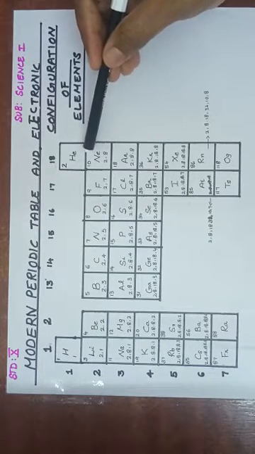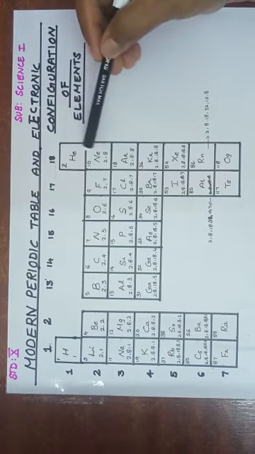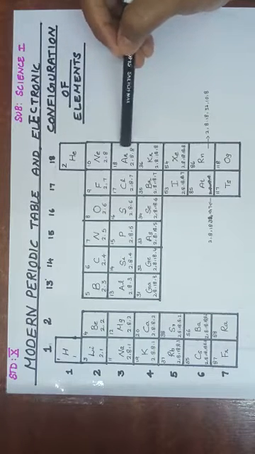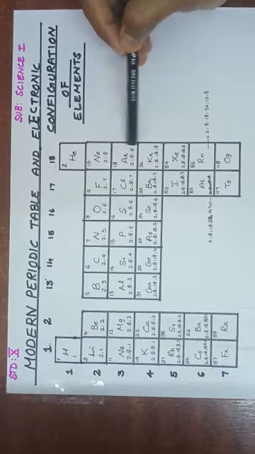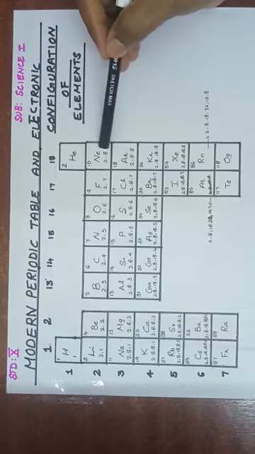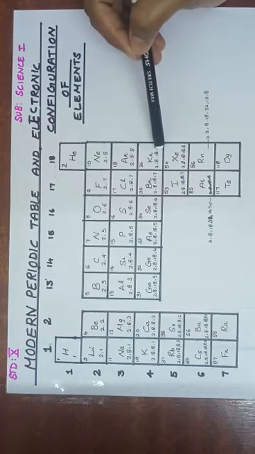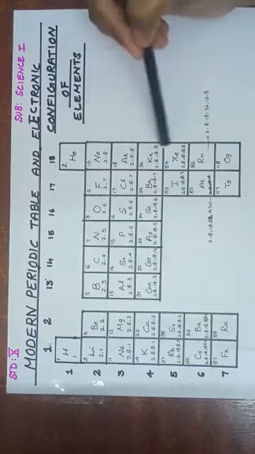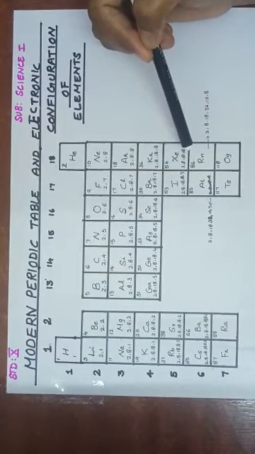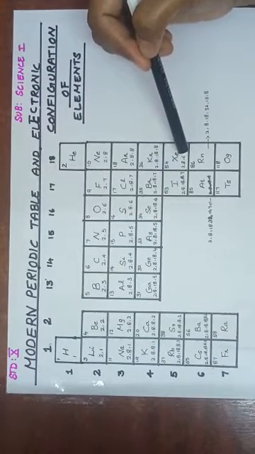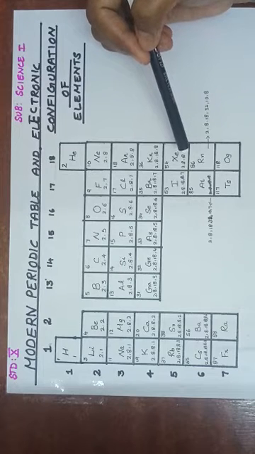That means all the 18th group elements have a complete outermost orbit. That means its valency is 0. So from this simple example, we can generalize that elements in the same group have the same valency.